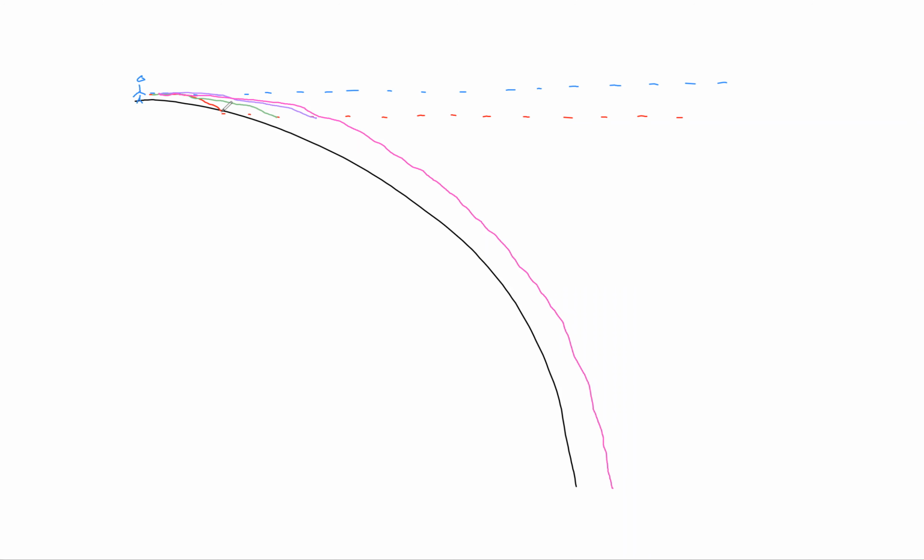All of these other points right here would eventually fall into the Earth if we kept them going on their trajectory. Okay, they would hit the Earth at some point. But that pink line, or maybe it's fuchsia, I'm not sure. That line there will, if it's going fast enough, it will match the curvature of the Earth.